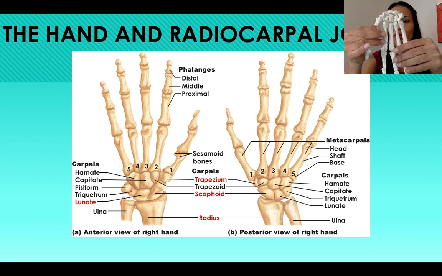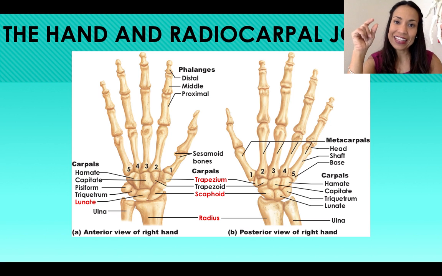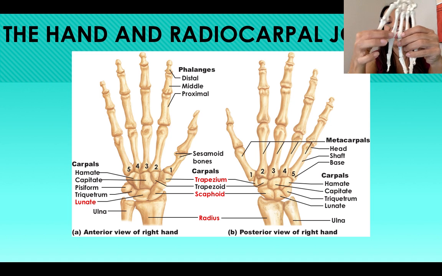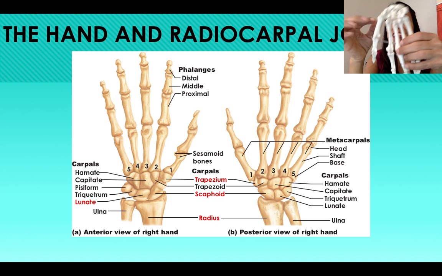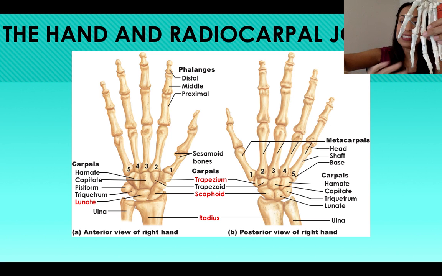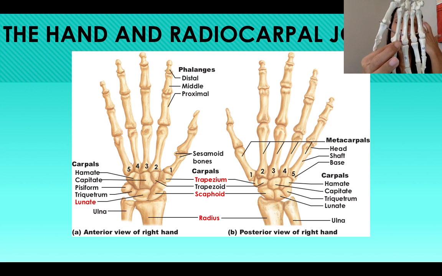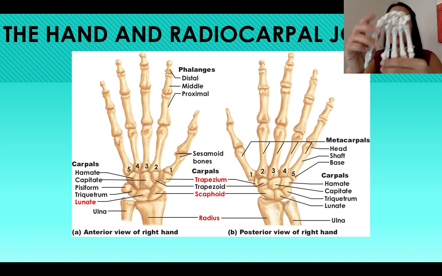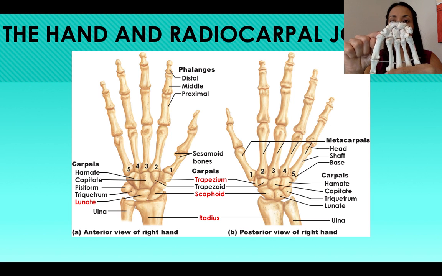Remember I told you there's one bone that is upside down? This is the base of the metacarpal, and the base points distal to the body. So the base articulates with the carpal bones.